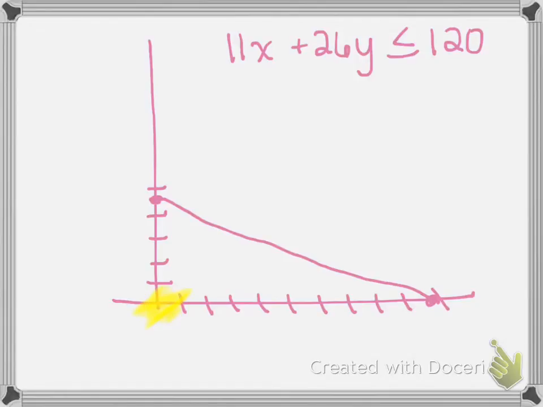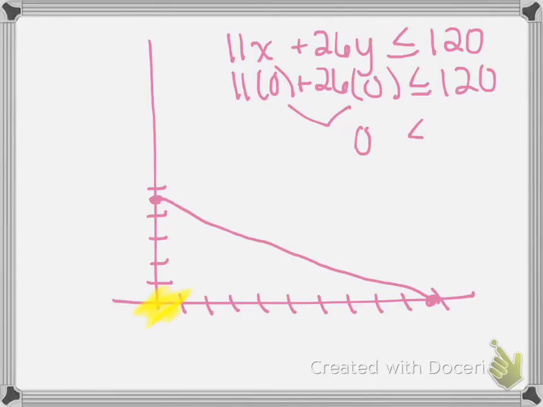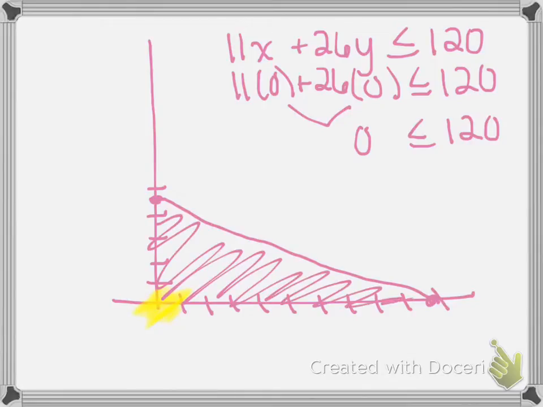So 11 times 0 plus 26 times 0 is less than or equal to 120. Together, this is 0 is less than or equal to 120. This is true, so I include the region with the test point. Now, I'm not going to go in the negative region because that doesn't make sense for this problem. We're not going to have negative days on either one.